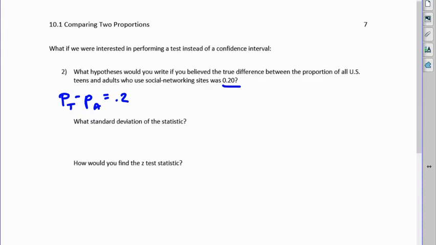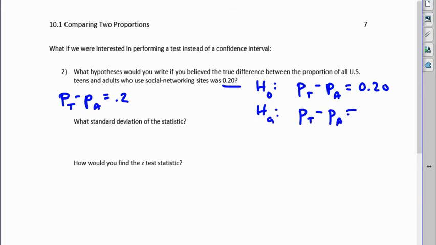And so I could write my hypotheses for this situation: the null is that this value is 0.2. And then my alternative: do I want it to be greater, less than? If they don't specify, then you're just looking for, is it different from 0.2?